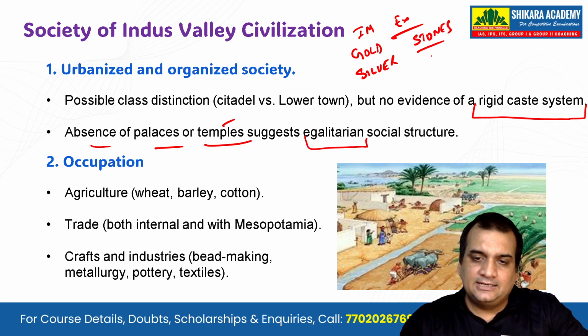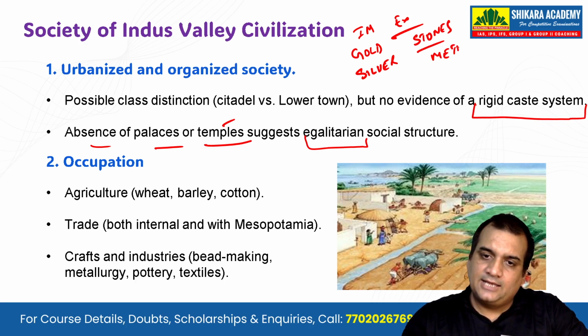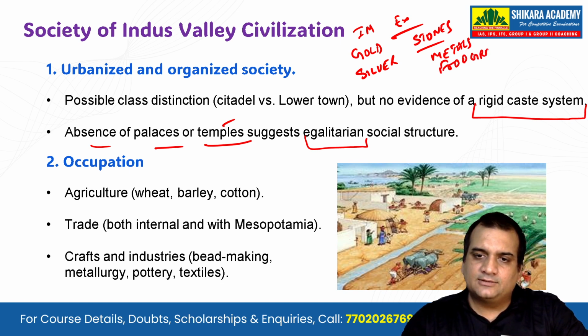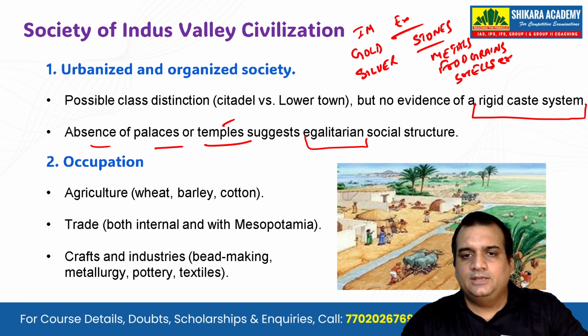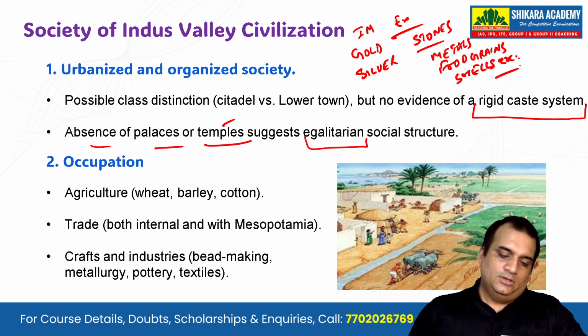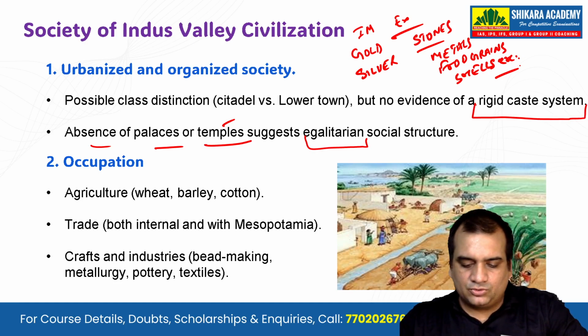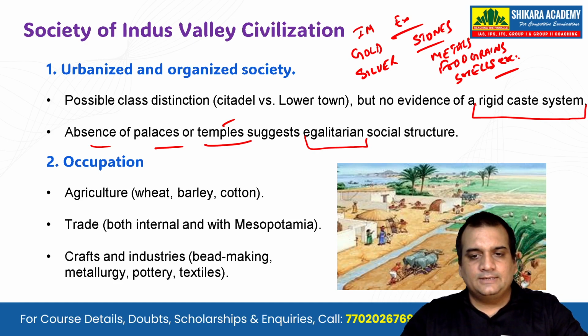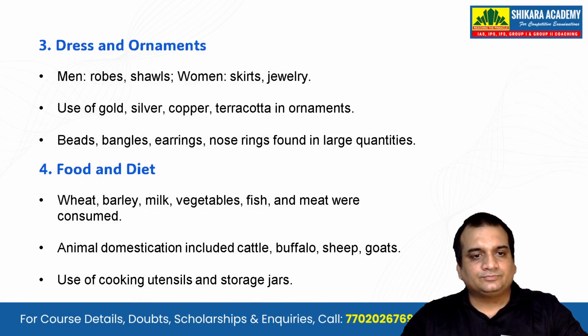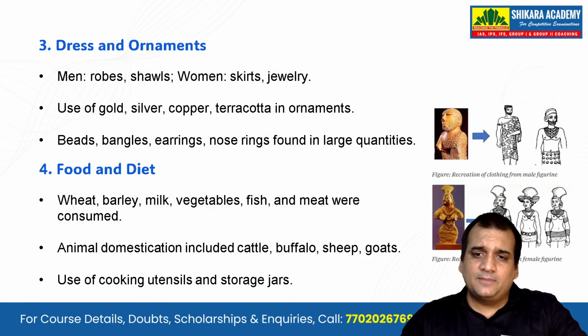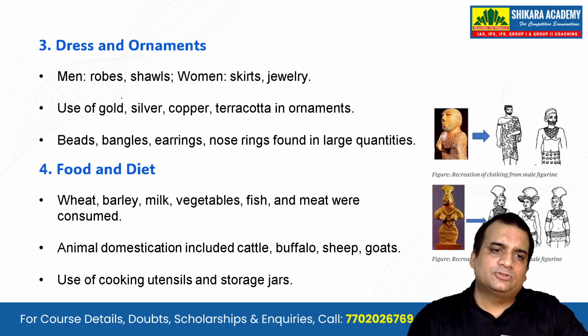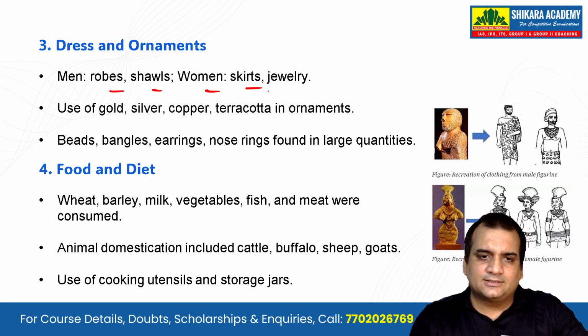Then they had metals. Then they had the food grains, and they also had shells and all those things. Okay, so that was being exported. So this is something which you should remember. That's so important. And with that, the dress and ornament at that time: men had robes, shawls, women had skirts, jewelry.